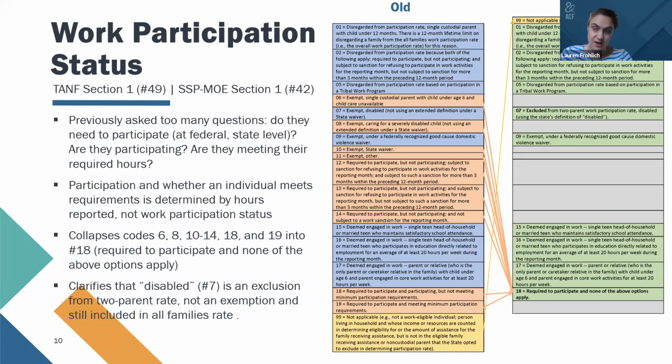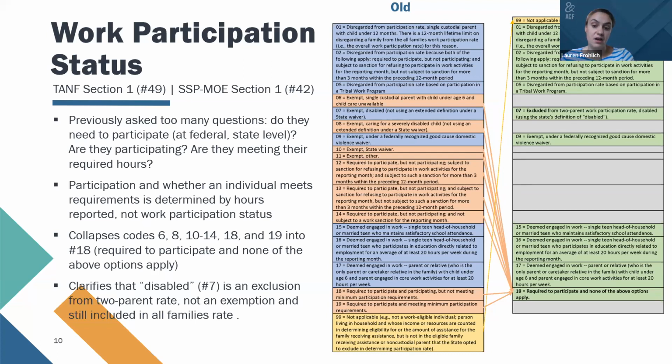Are they participating in work activities, and are they meeting their required hours? And that is a lot of questions to try to fit into one data element or item. And so we really tried to distill into, okay, what information do we need to be able to calculate the work participation rate, time limits, other things that we use this for, and what don't we need?